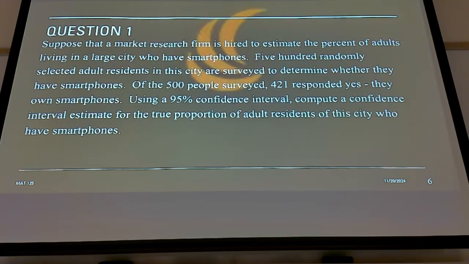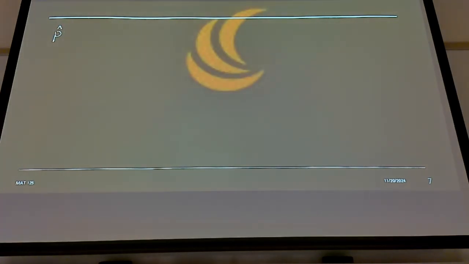So then the 421 is the statistic we would use. You have to be careful. I could say 421 responded yes, and then ask for the proportion of those who don't own. So you want to do 421 over 500 for your p hat. Right, so p hat is 421 over 500. I'm going to leave it like that for now.